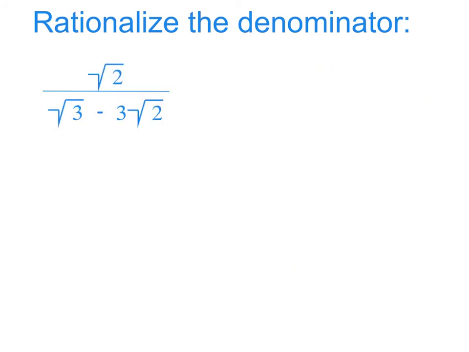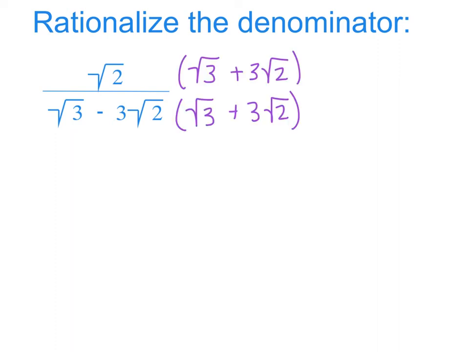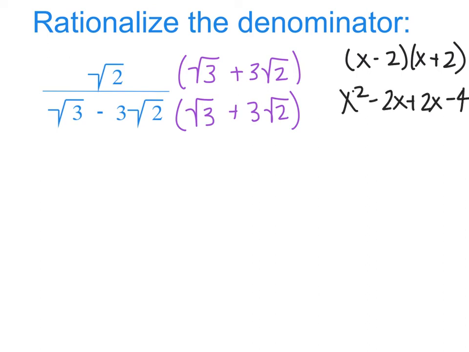And taking that a step further, I can apply the same procedure to something with more than one root in the denominator. So the first step that I need to take is to multiply by the conjugate, which looks like this. So it looks the exact same except for this middle part here. And that is actually the same rule that we would use when we would FOIL something like this. Remember, it creates those two terms in the middle that cancel out.